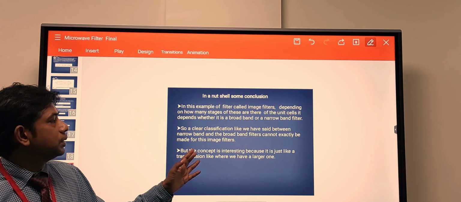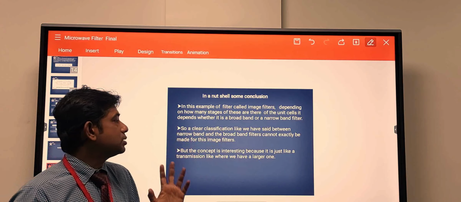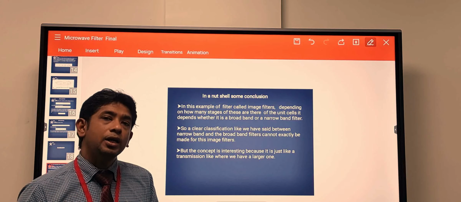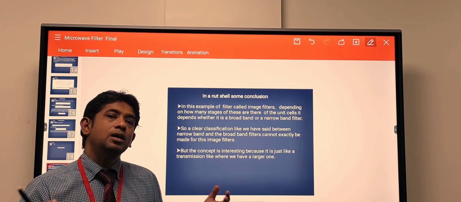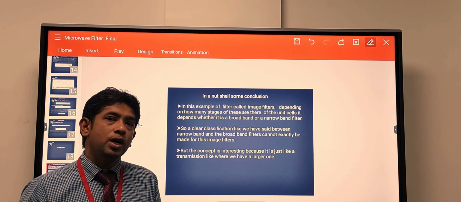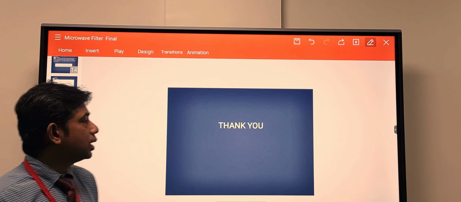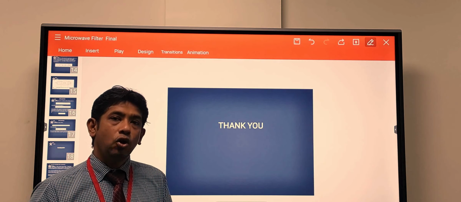Finally, the concept is very interesting. It is just like a transmission line, but we have a larger one to build, considering a large number of sections. So this brings us to the end of this topic.